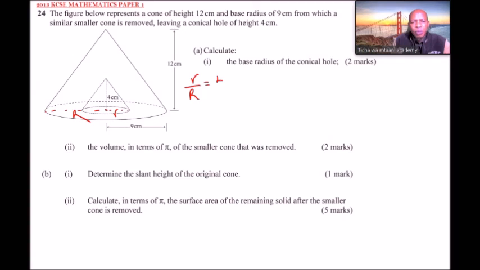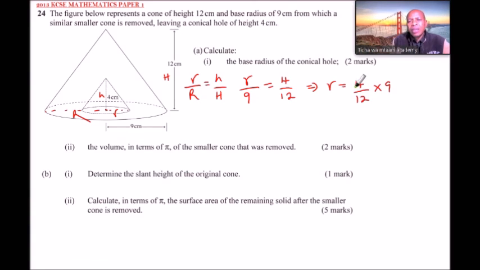To be consistent, this is our small height divided by our big height. What we are looking for is r. You divide by the radius of the big cone, which is 9 centimeters, equals the height of the small cone, 4, divided by the height of the big cone, 12. So this implies that r, the radius of the small cone, is 4 divided by 12, multiplied by 9.